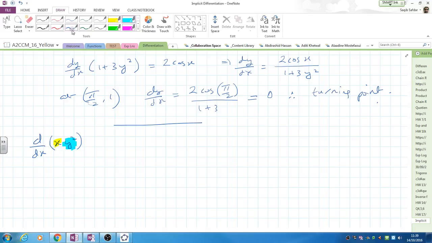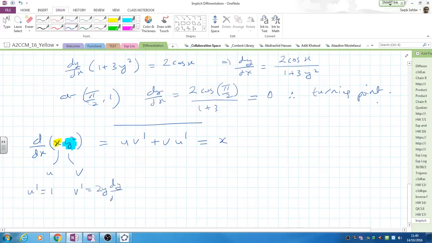If we call the x part u and this part v, we know this is just going to be u v prime plus v u prime. It's probably a good idea to write down u prime equals 1, and v prime will give you 2y dy over dx.